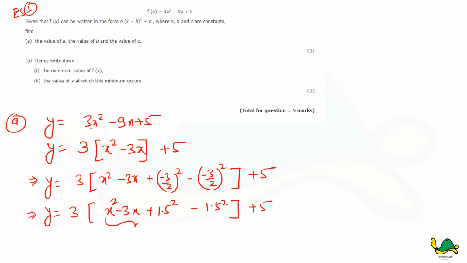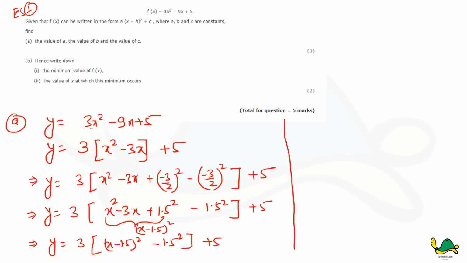Now this can be rewritten as (x − 1.5)². So y equals 3[(x − 1.5)² − 1.5²] + 5.